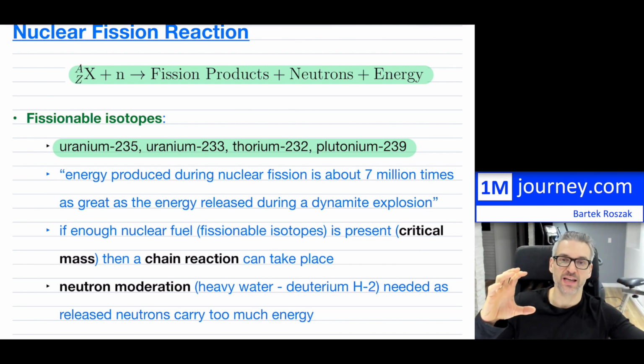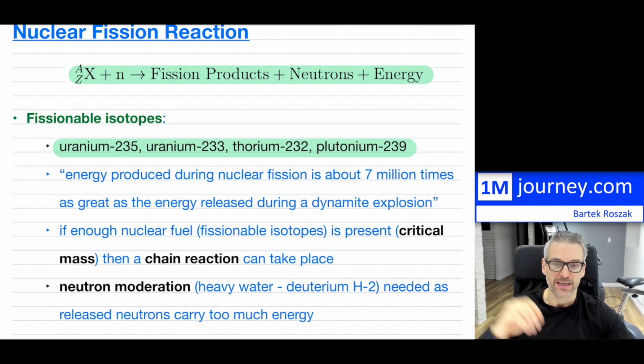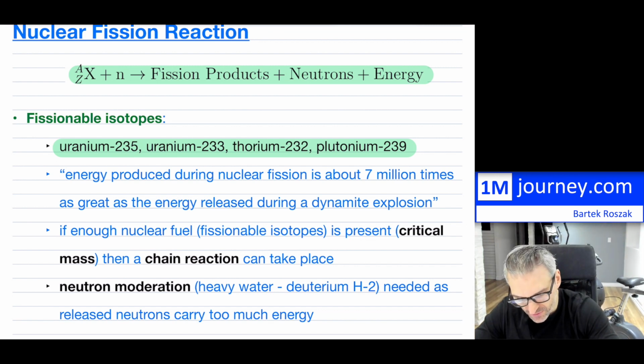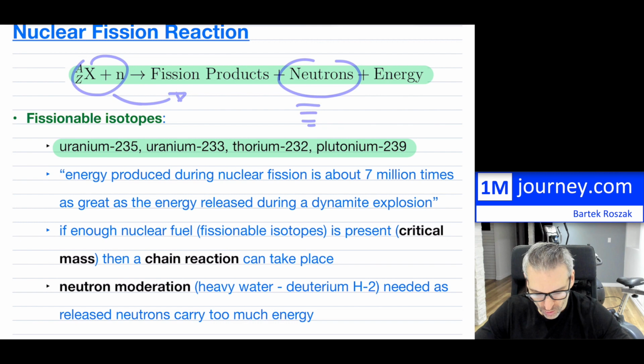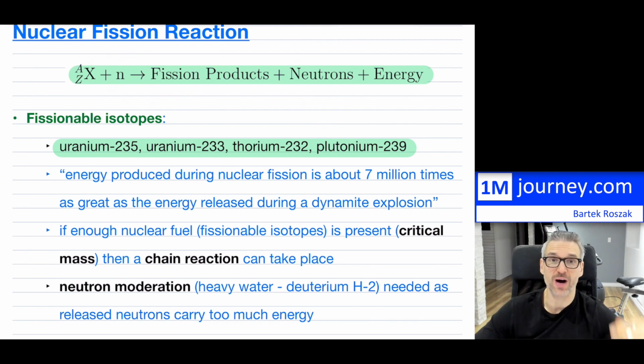Of course, in this case it's the nuclear fuel, and it would produce huge amounts of energy that we want to capture and use for something else. Now, in nuclear fission, when these neutrons are released, they typically carry way too much energy to kickstart other reactions.